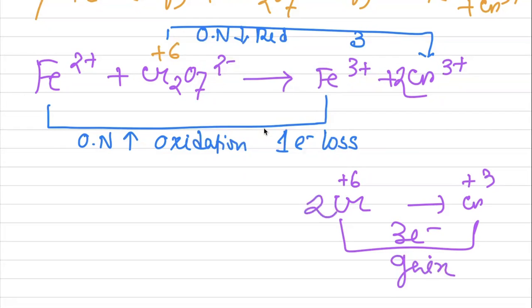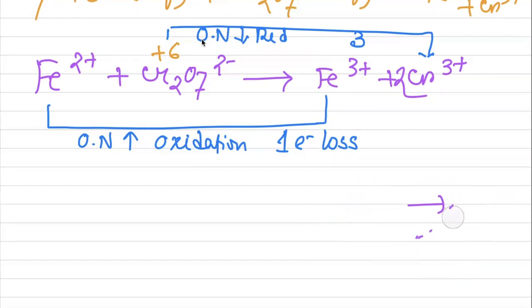If here it is 2, the number of electrons gained will be 6. Yes or no? Yes, miss. So the number of electrons gained will be 6.